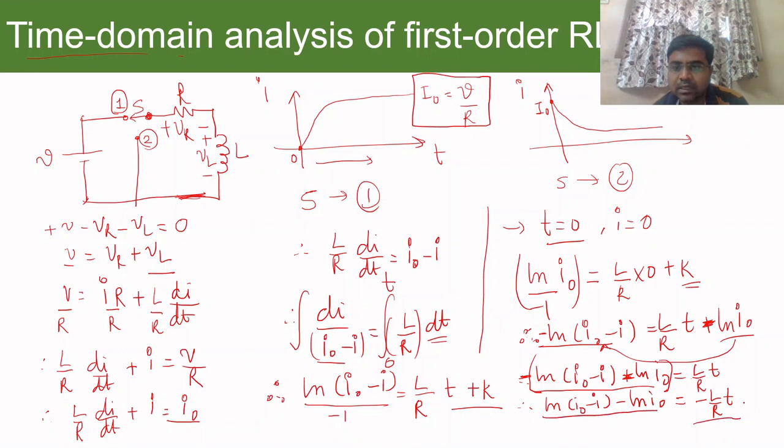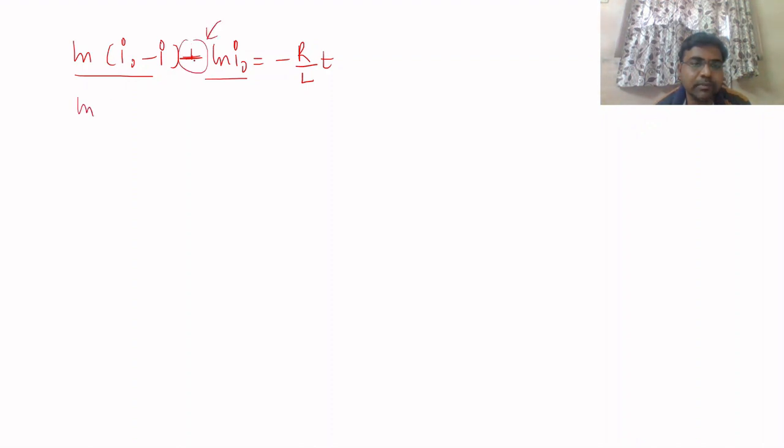Okay, now the next step is to further simplify this. In the equation we were having ln (I0 minus I) minus ln I0 equal to minus R by L into T. So if I have positive here, I have to multiply in ln. If I have minus here, then it goes in division.